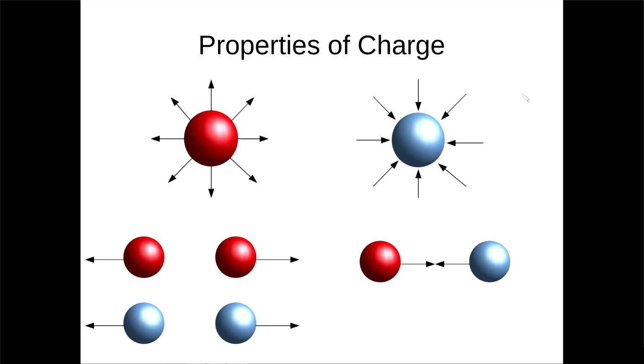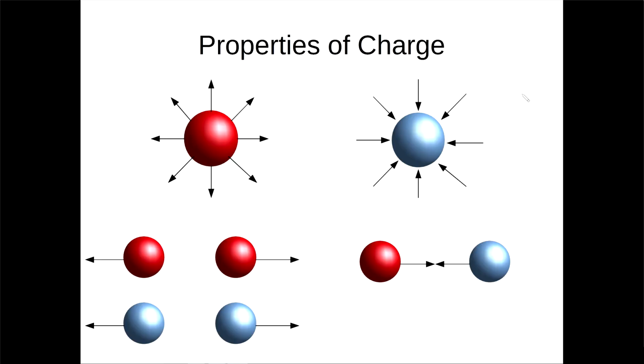All right, so now that we understand the two types of charges and that some particles are charged, let's look at some of the properties of charge. Charge has a few properties that we need to understand. First, just so you guys know, in this video, red will represent a positive proton, while blue will represent a negatively charged electron. So that's what we're using throughout this video.